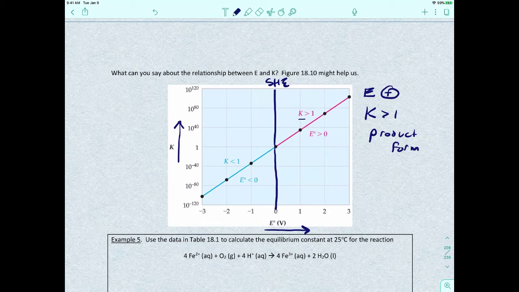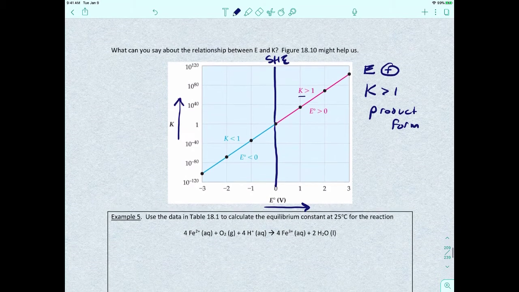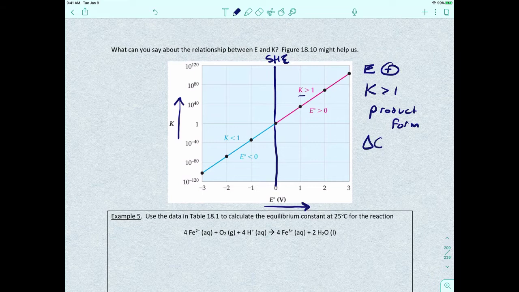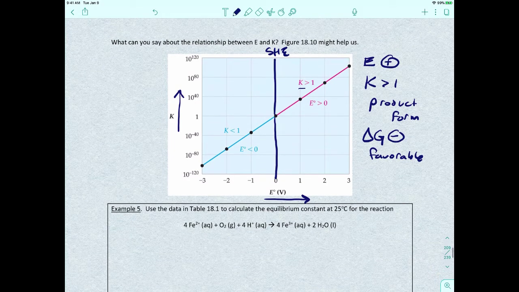And while it's not being said on the graph, what we do know is that delta G should be negative, and that means it's going to be a spontaneous reaction. It's favorable. If we go the opposite direction, where K is less than 1, we know it's reactant formation.